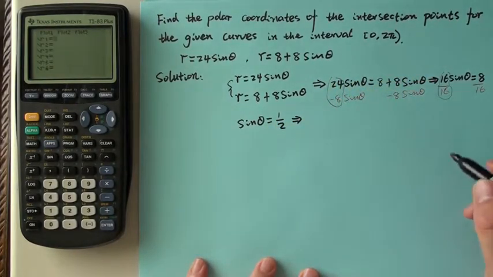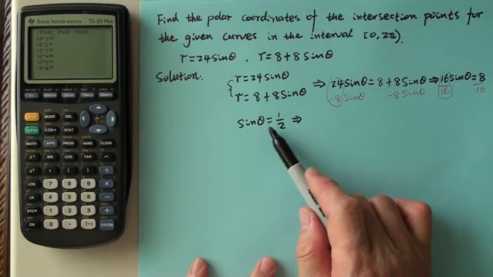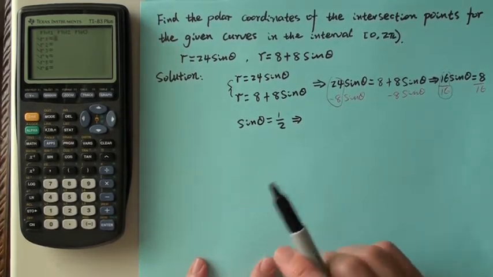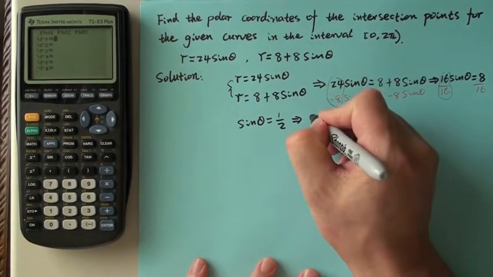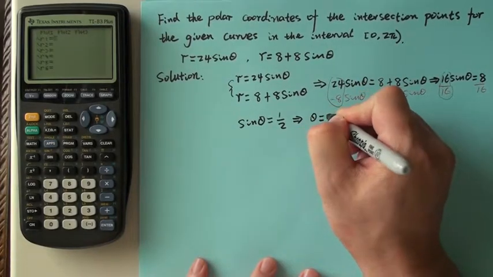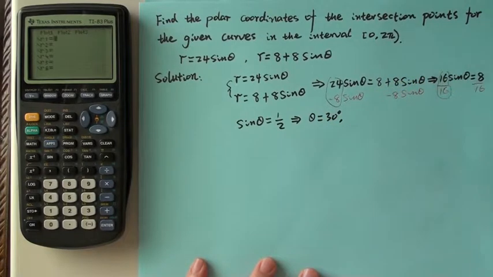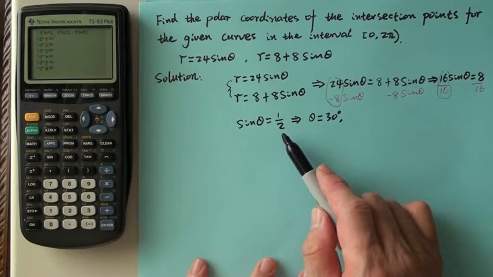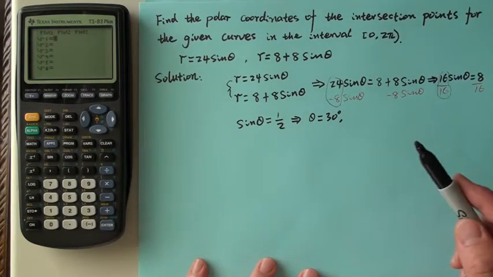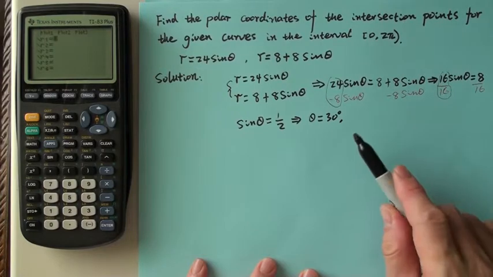Probably up to now we have seen sine theta equals 1/2 many times. So theta is 30 degrees. Don't forget another one: because sine theta equals a positive value, theta has at least two possibilities.